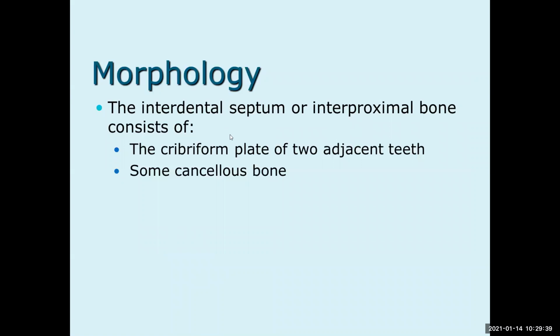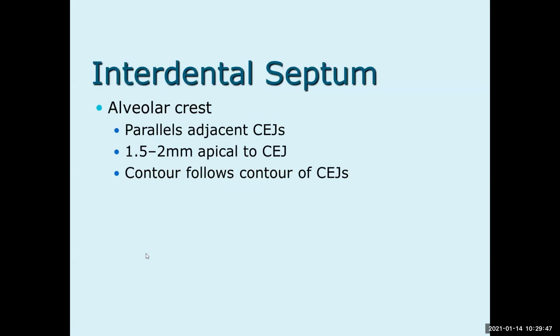So that interdental septum, or interproximal bone, consists of the cribriform plate of the two adjacent teeth and some cancellous bone. It parallels the CEJs. It's about 1.5 to 2 millimeters apical to the CEJ. Most of the books say it's about 2 millimeters. The contour of the bone follows the contour of the CEJ.